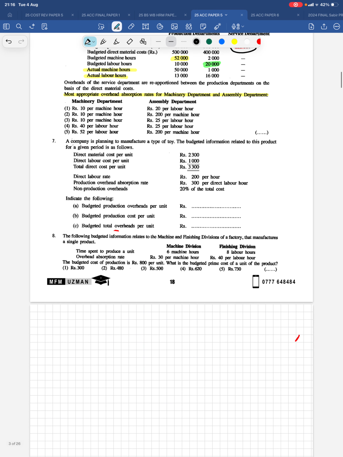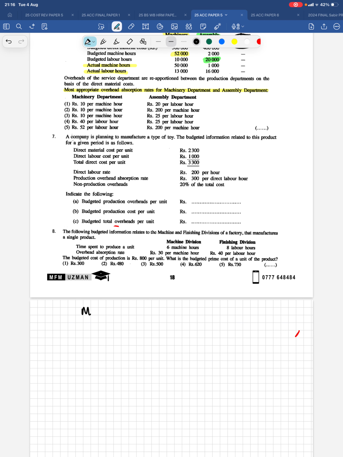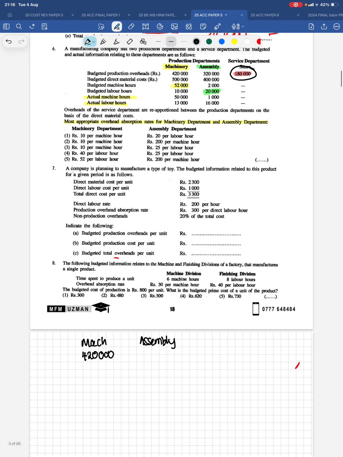So let's write down here: the machinery department 420,000 is given, the assembly department 320,000, and the service department 180,000. So how are we going to redistribute the overhead? Reapportionment of the service department is based on the total direct material cost.